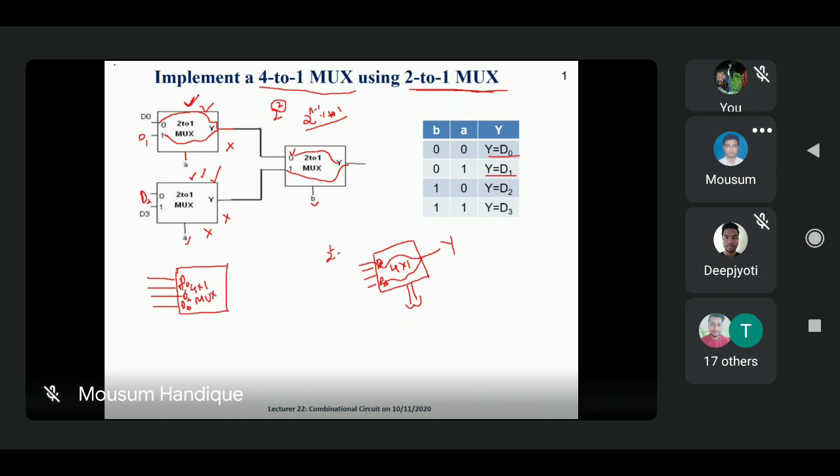Because it is a 4 to 1 mux, obviously here I am using the selection lines S1 and S0. The output is always 1.